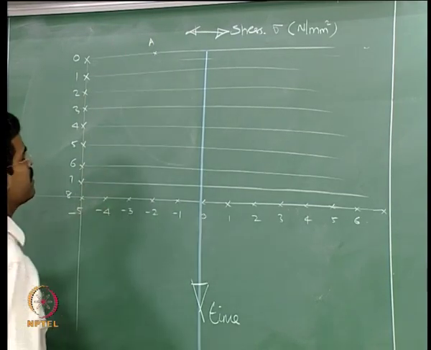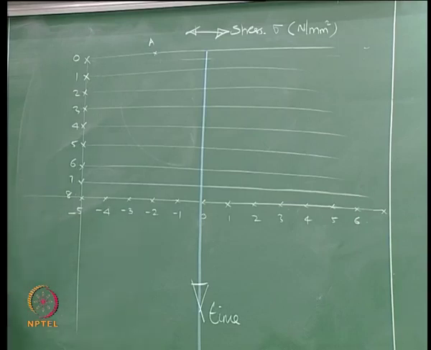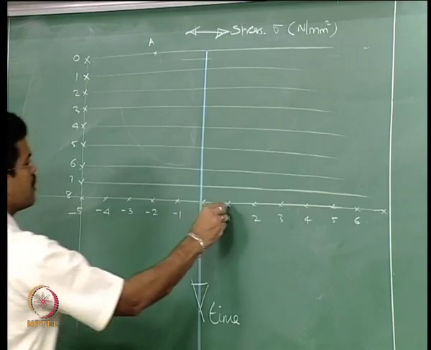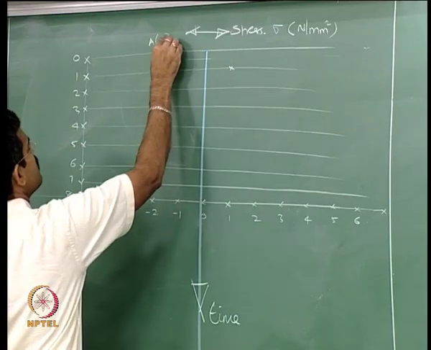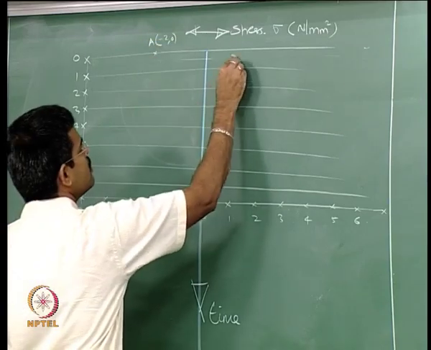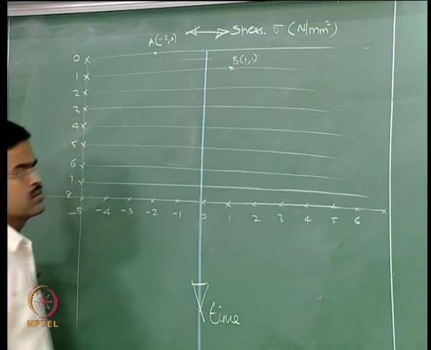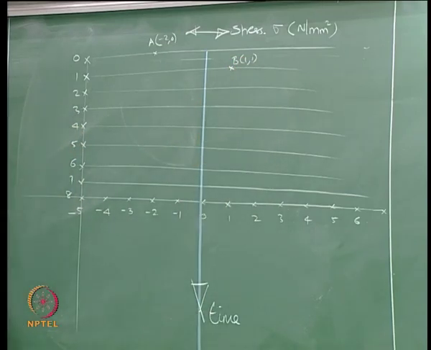So, I have a point A, that is one point. I am even writing the coordinates here: A is -2, 0, B is 1, 1, so that we can understand where we are drawing.